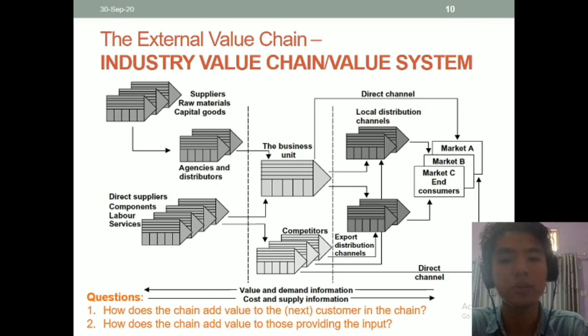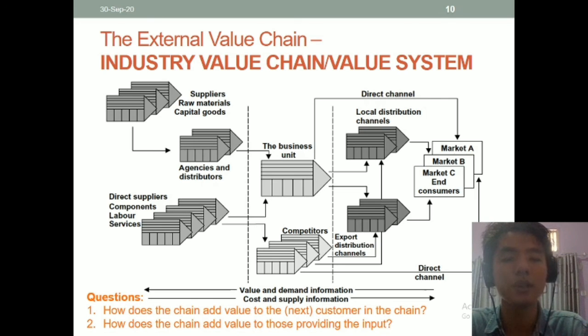Also, competitors go to export distribution channels and to direct channel to the market. If you go to the left is value and demand information, and cost and supply information go to the right.